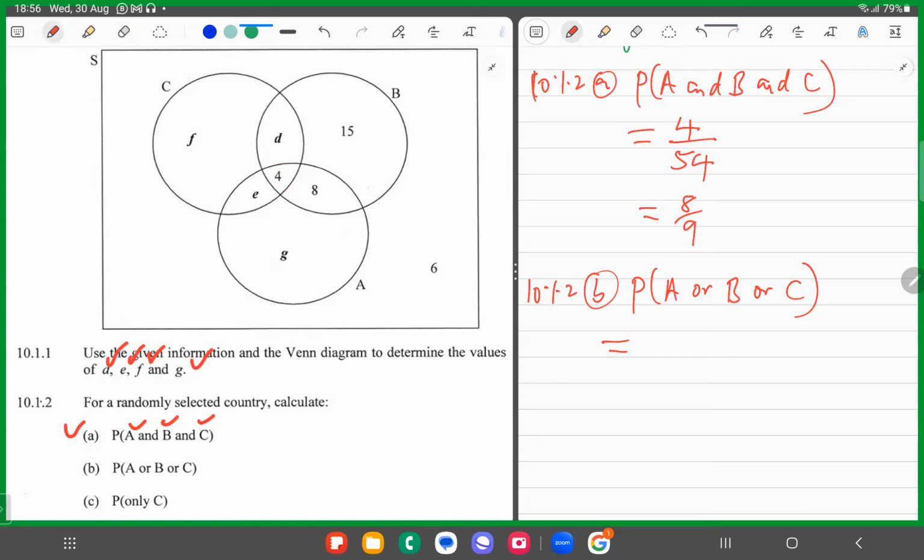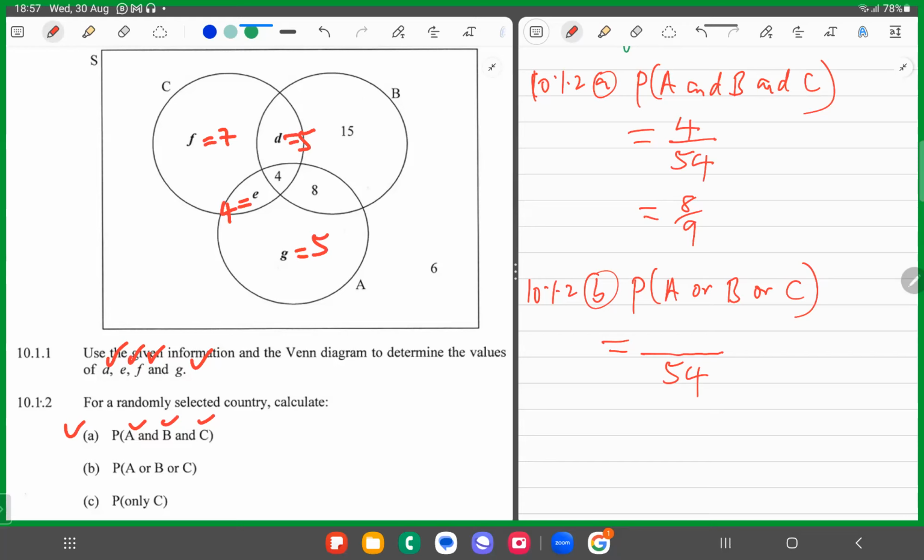So now, this one will obviously be out of 54. Right, and then we remember this one is 4, we plug in the numbers. D we know is 5, F we know is 7, and G we know is 5 as well.